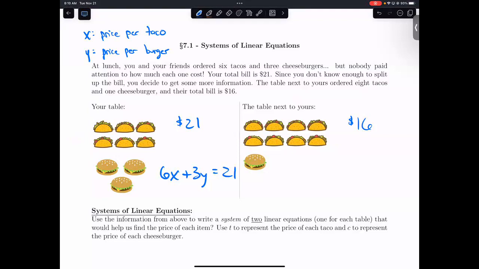If you rearrange things and solve for y, that's some kind of linear function like this, which again has infinitely many solutions, because every point on that line is a solution, even the ones that don't make sense in a real world context, like tacos are $100 and cheeseburgers are negative $50, so you get money back. This doesn't make any sense, but it's still on that line, right?